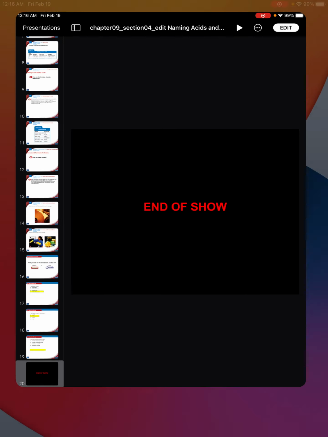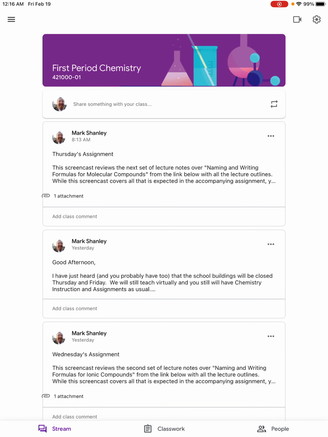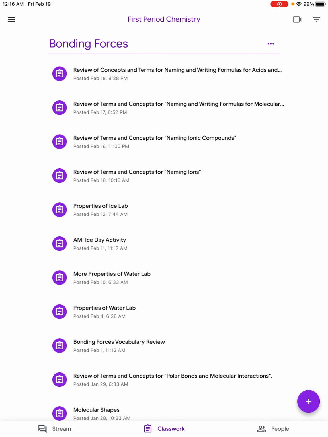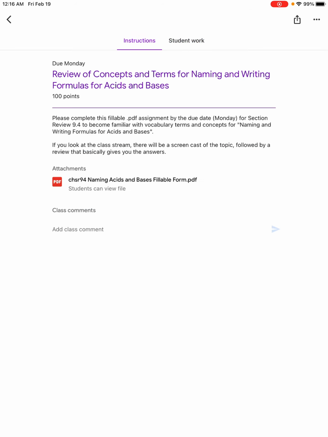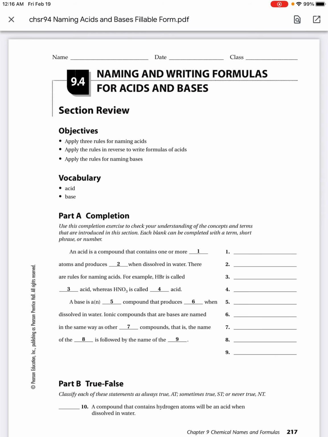So if I may, I will go back to our classroom and go to classwork and assignments and see the accompanying assignment that reviews these terms and drives them home. And here it is, a review of concepts and terms for naming and writing formulas for acids and bases. However you want to open it up, however you want to get to it so it turns into an editable form.